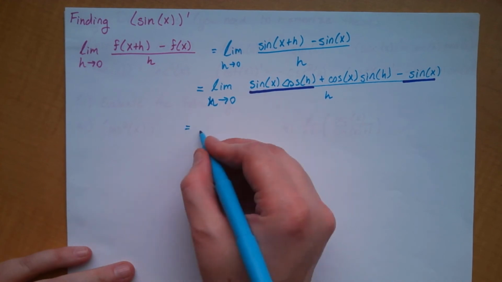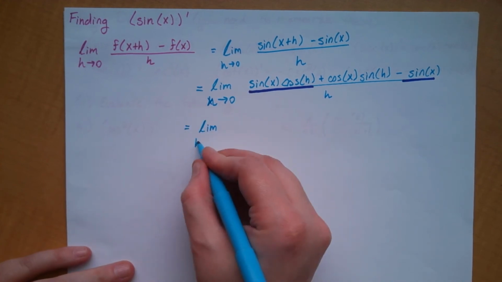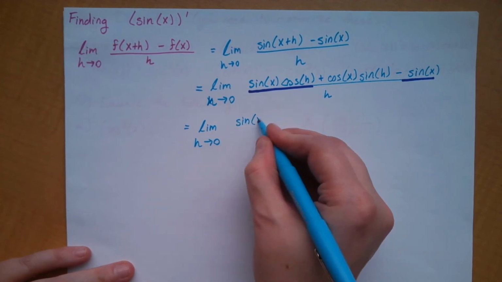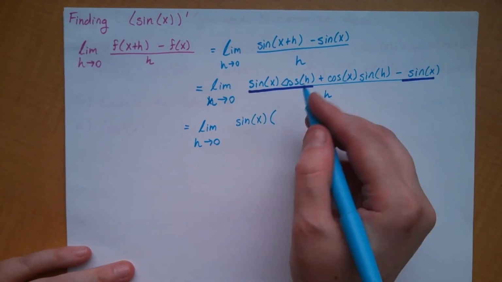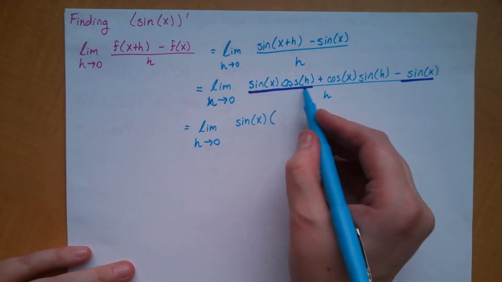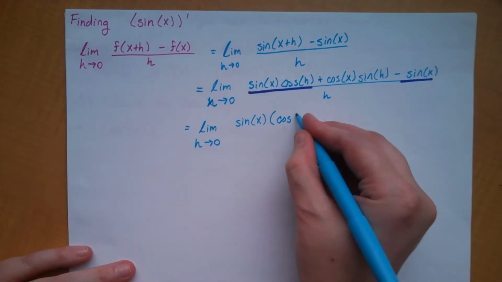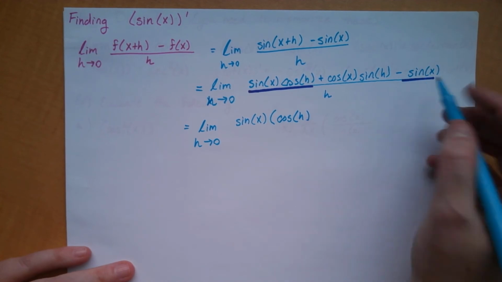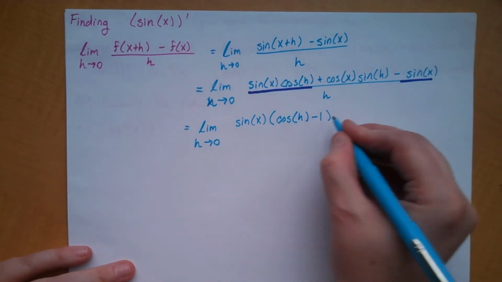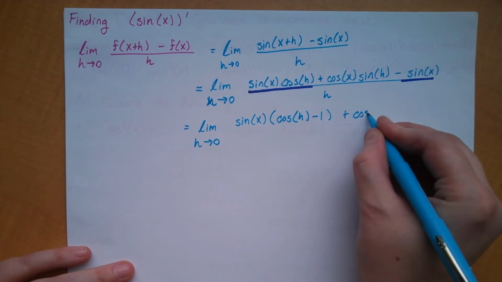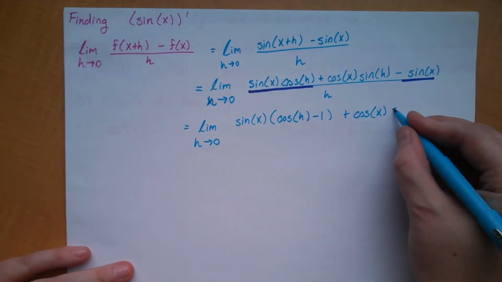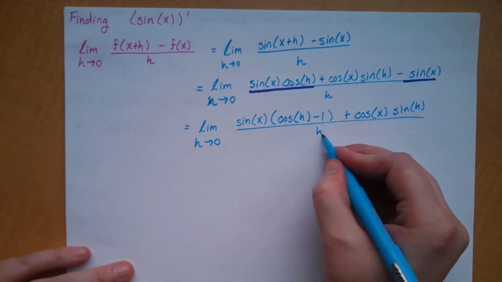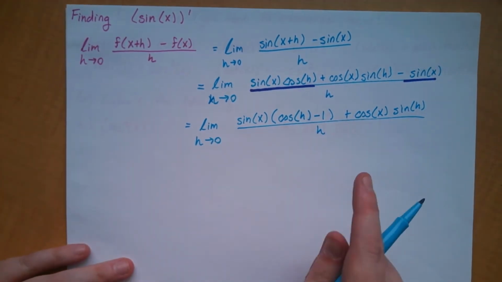So that's going to become the limit as h approaches 0, sine of x times, so if I factor a sine of x out of this term, I'm going to be left with cosine h. If I factor a sine of x out of this term, I'm going to be left with a negative 1, plus cosine of x, sine of h, all divided by h. Now, here's the cool part.